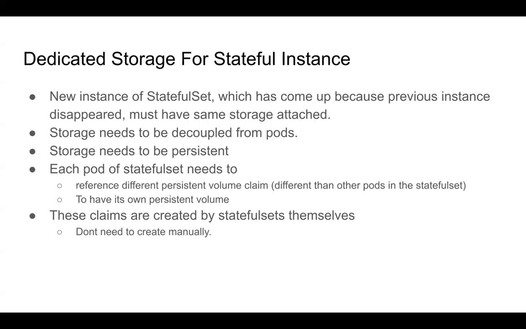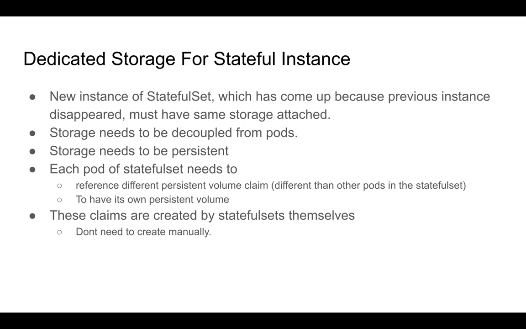Now we discussed the network ID, the name of the pod, but where does the pod maintain the state? If the pod maintains the state in memory, then whether the pod crashes or the node crashes and the pod goes along with that, the memory is gone and the data will be lost. For that reason, the state needs to be managed in some persistent storage.